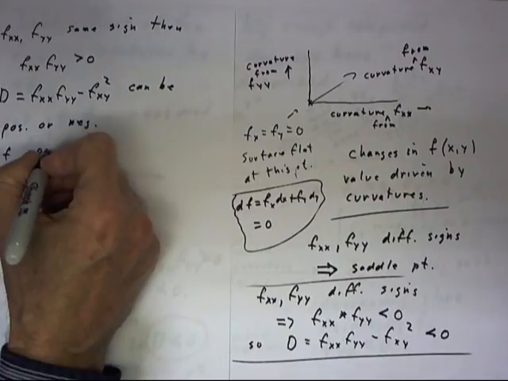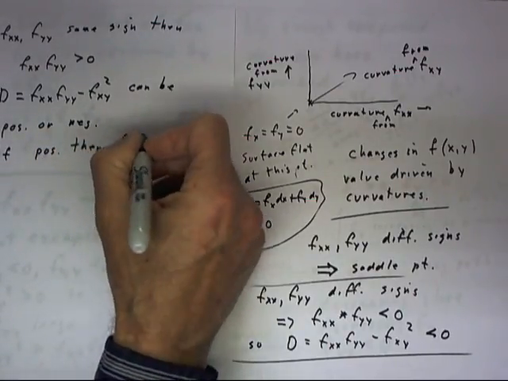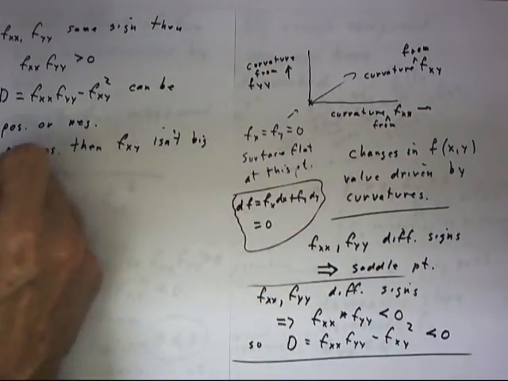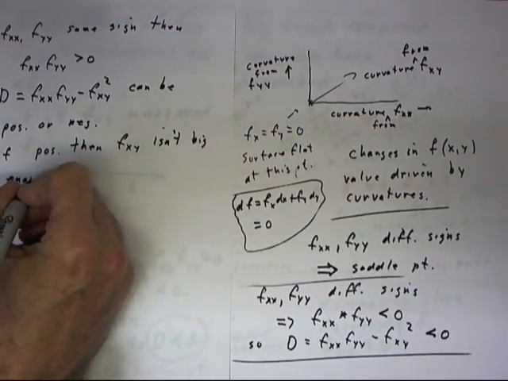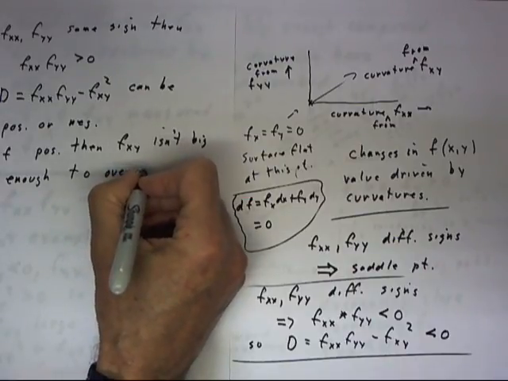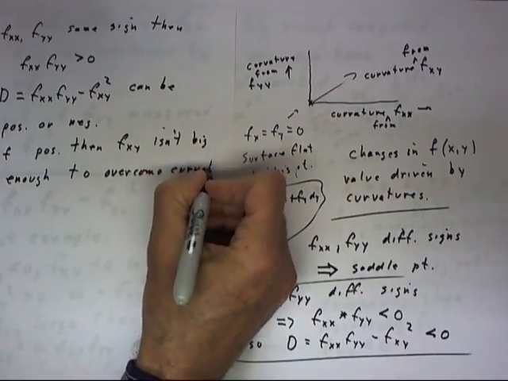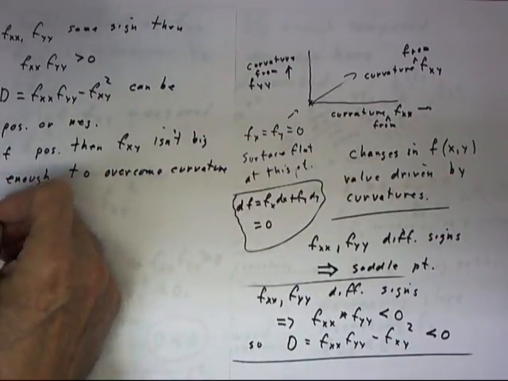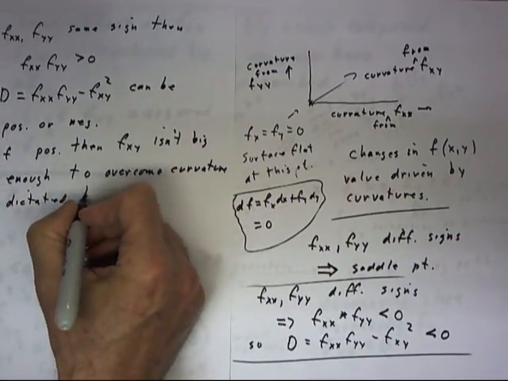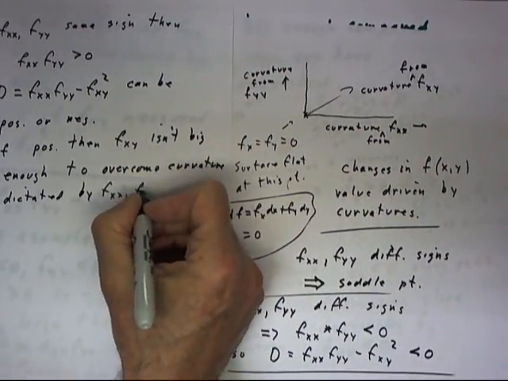If positive, then fxy isn't big enough to overcome the curvature dictated by fxx and fyy.